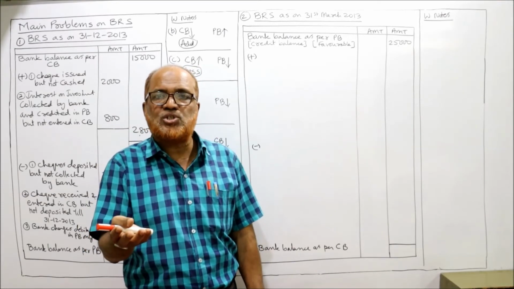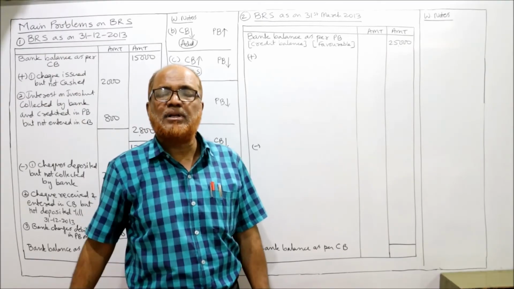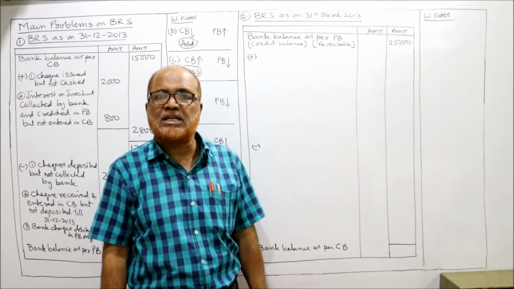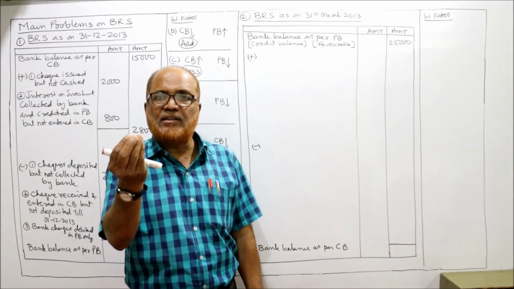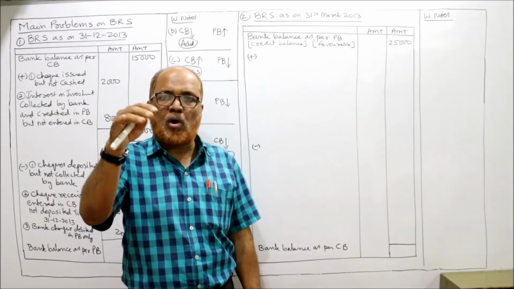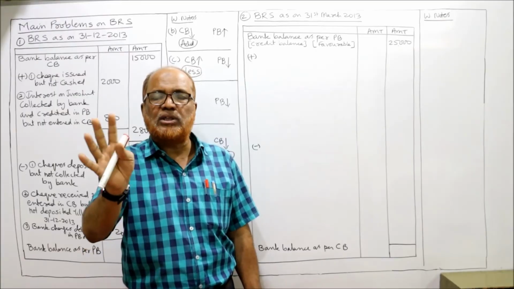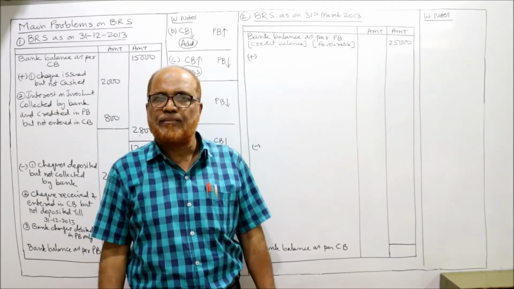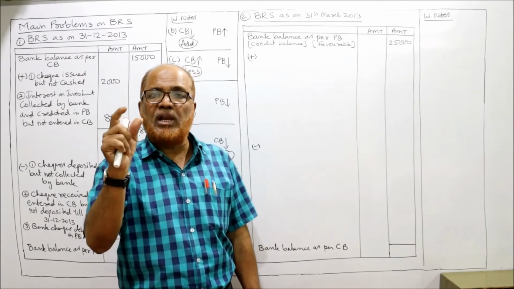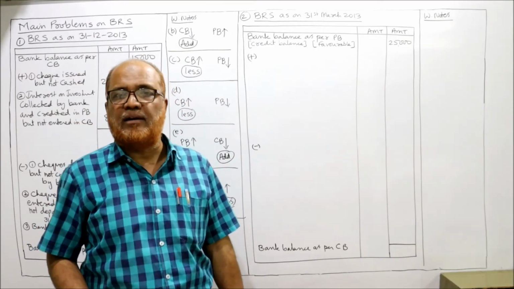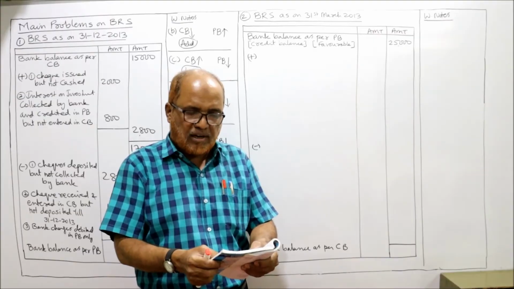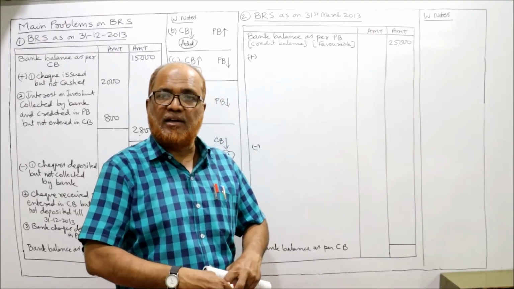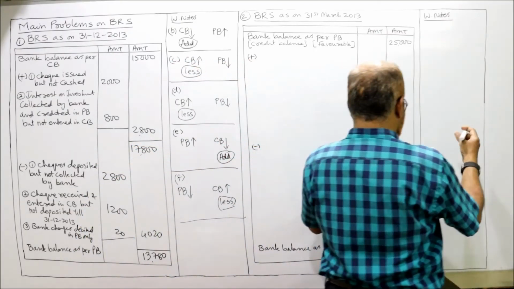Remaining 3,000 rupees checks we have deposited, but the banker has not yet cleared, not yet collected. So out of 5,000, 2,000 rupees already cleared, so that will not make the difference. The difference will arise only with those checks which are not cleared. How many checks were not cleared? 3,000. 2,000 were cleared, 3,000 were not cleared.